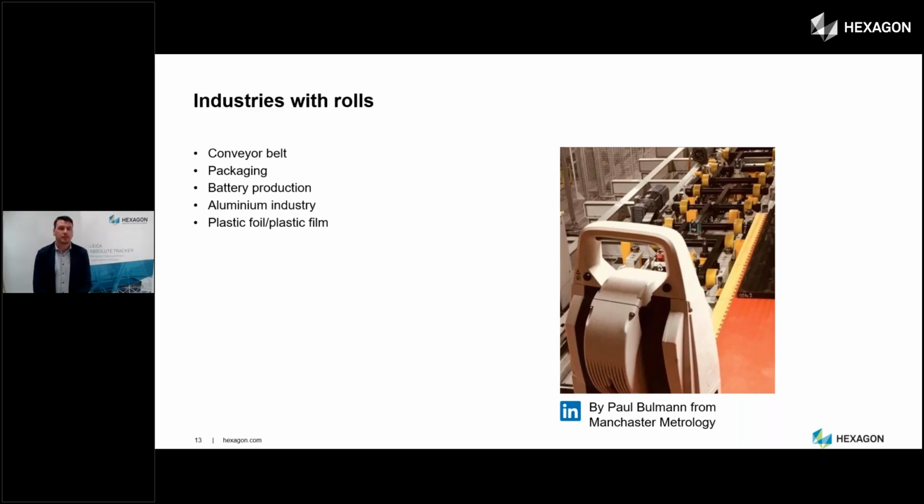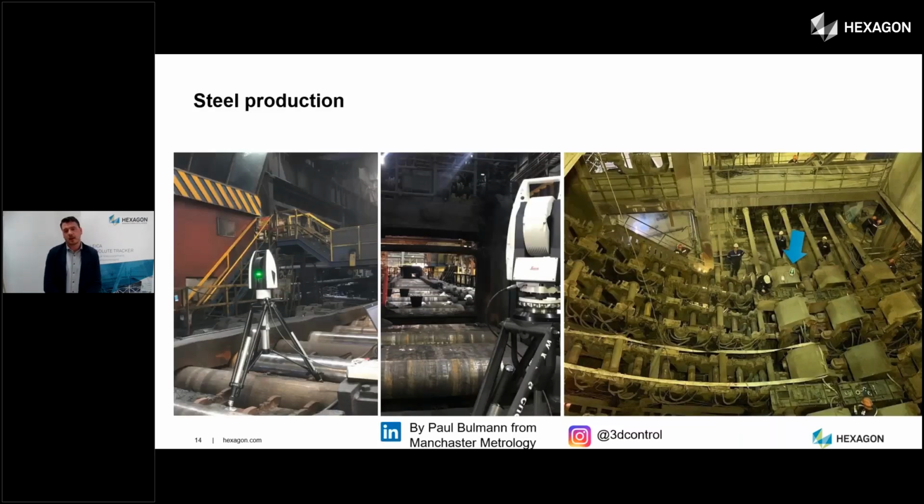So battery production has a lot of potential for roller alignment, and this kit we will show you afterwards. Aluminium industry, all kinds of metal industry, plastics, plastic foils and films, also have a lot of applications.